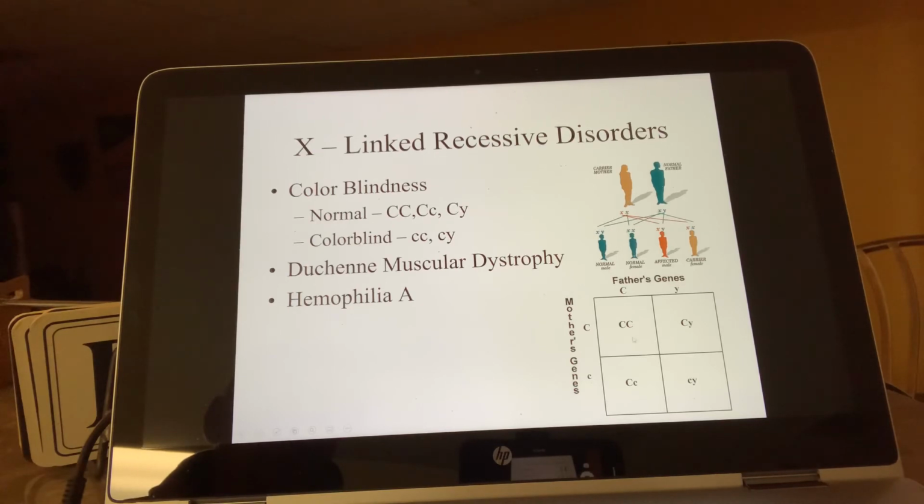The father is normal. If you fill out a Punnett square, like we've done before, then these two boxes represent their daughters, and these two boxes represent their sons. So of their daughters, one of the two boxes, or 50% of their daughters, are going to have a normal genotype, unlike either of the parents.